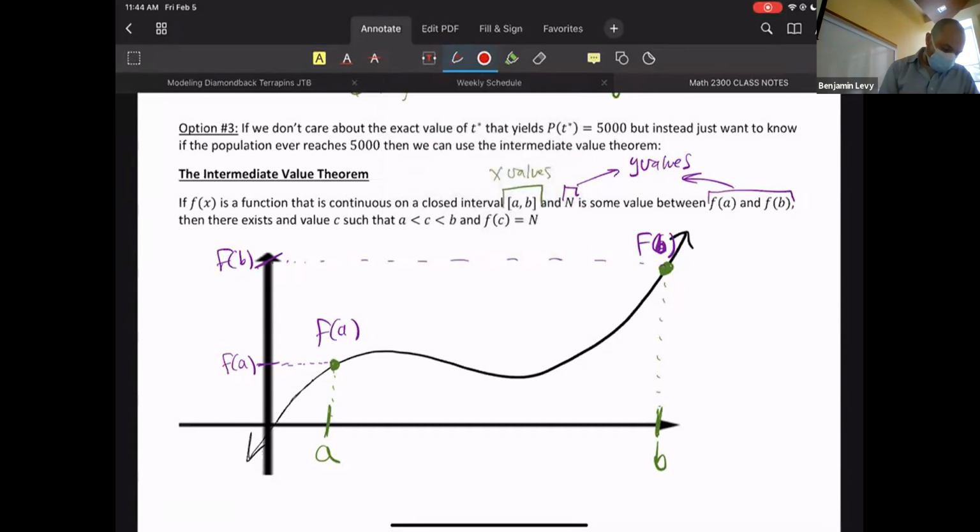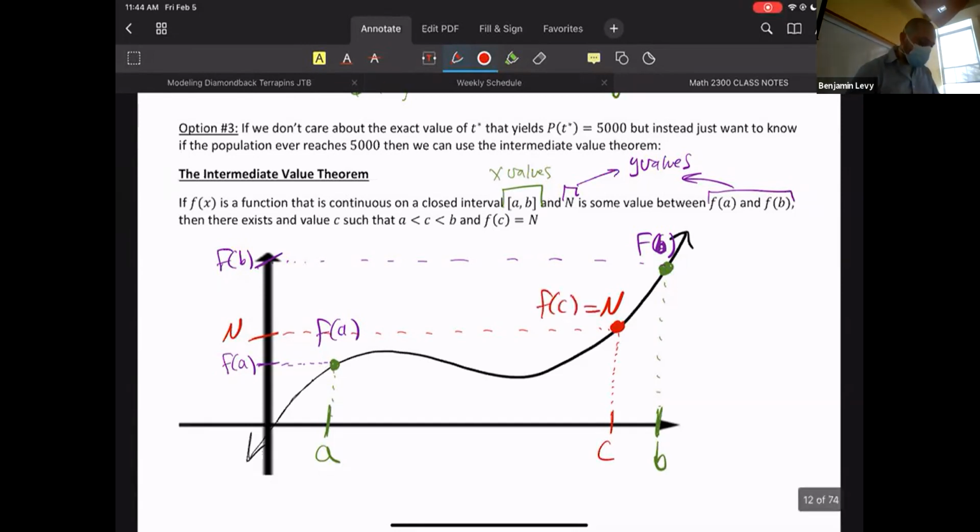Let's say n is this one right here. And the question, or what this says, is is there some c between a and b that is going to be the output, f of c equals n.